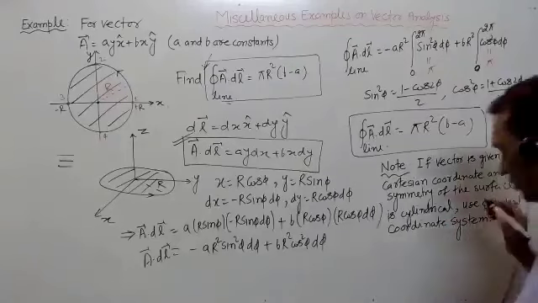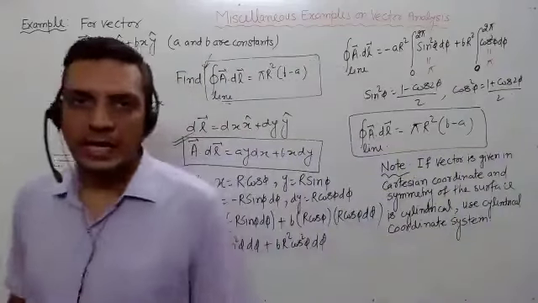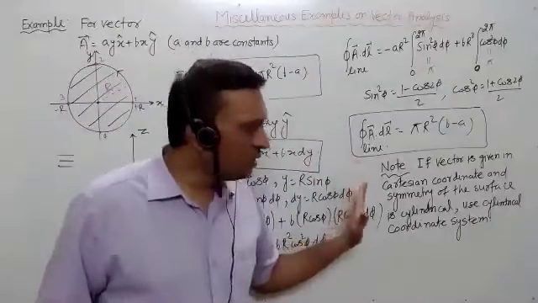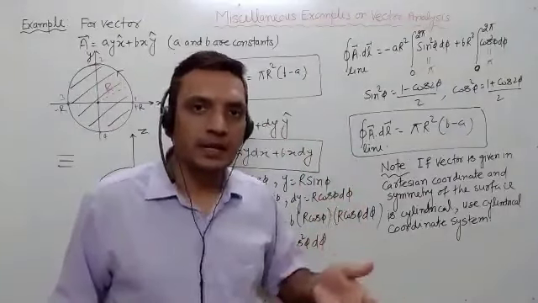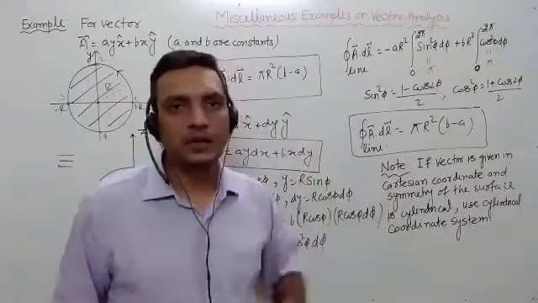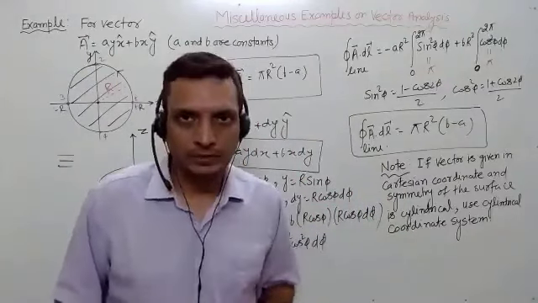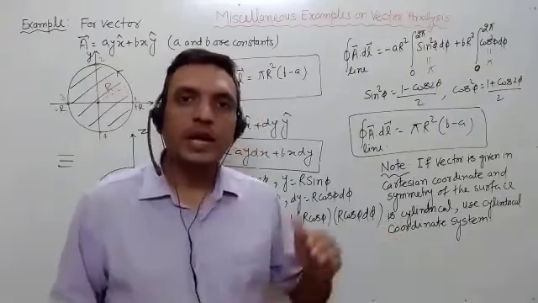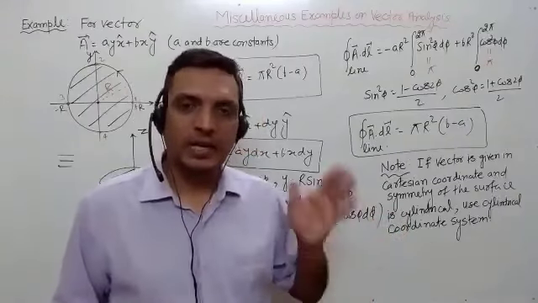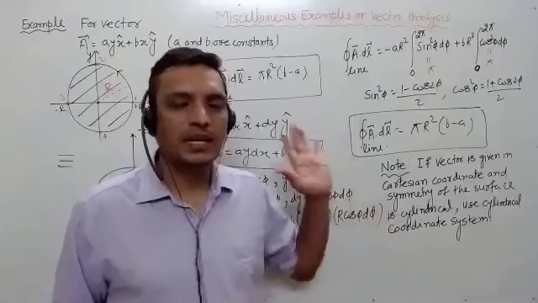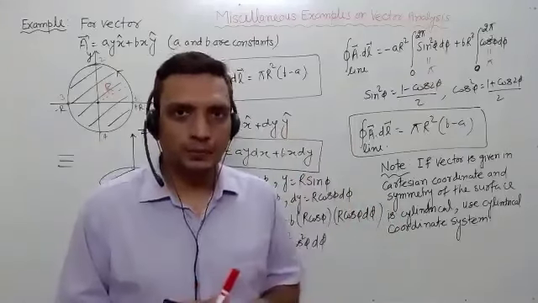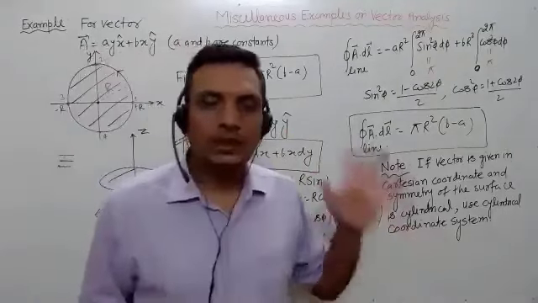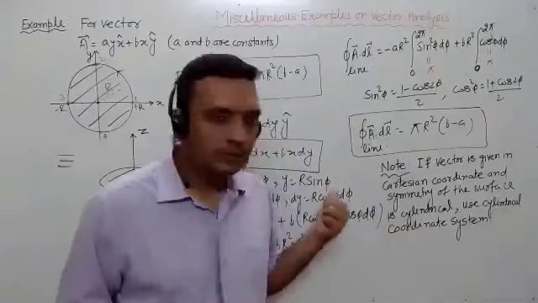You have to remember this point. If you want to simplify your calculation, whenever vector is given in Cartesian and symmetry of the surface is cylindrical, always use cylindrical coordinate. That will simplify your calculation. Is it clear or not? That's why I have calculated in both, in Cartesian as well as cylindrical. Now you have to decide whether you want to calculate in cylindrical or Cartesian. Okay?